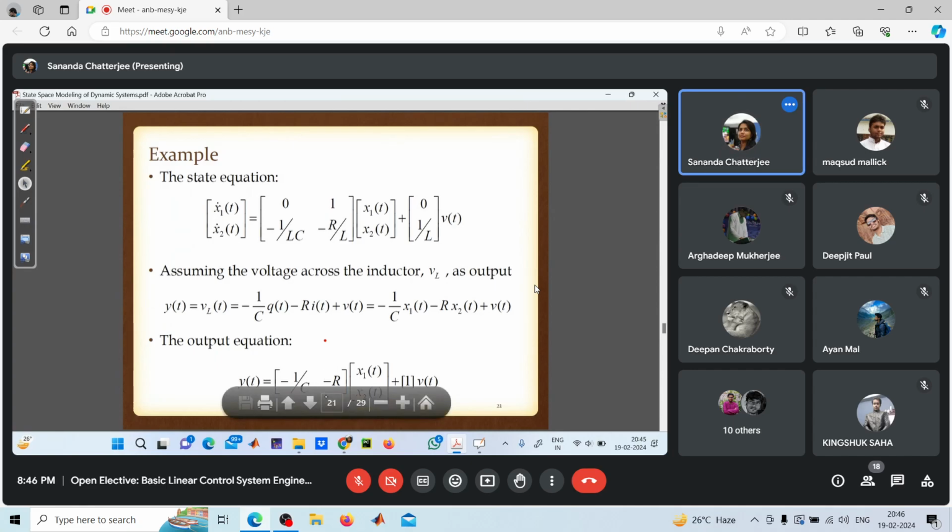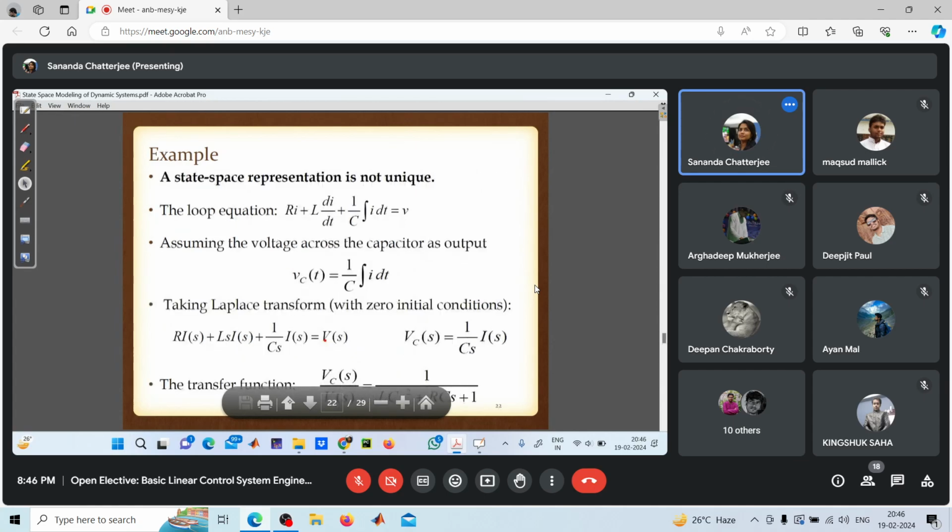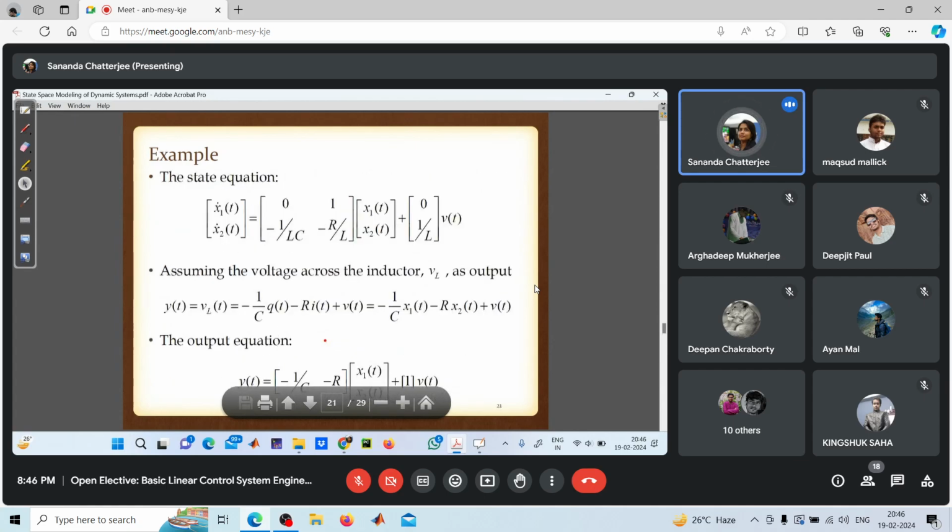And this one is another representation. The A, B, C, and D matrices all are different, but these two representations are for the same system.